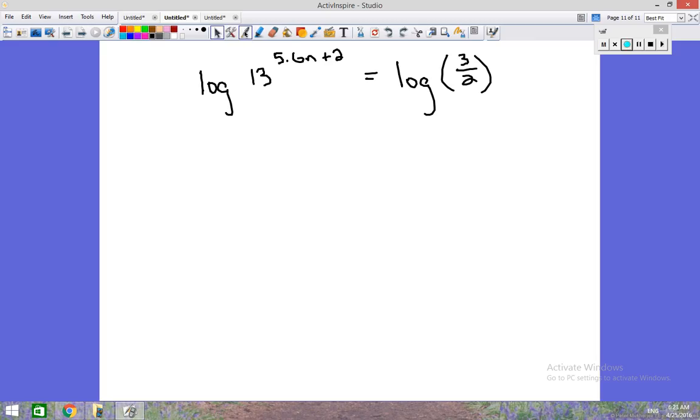So we move the entire exponent. I need parentheses around that because each term inside is getting multiplied by the log of 13.